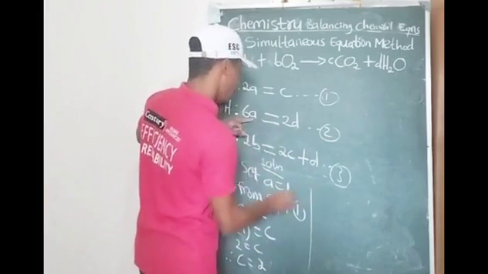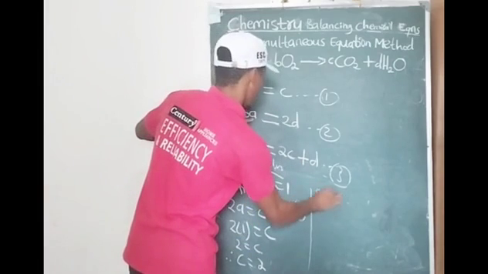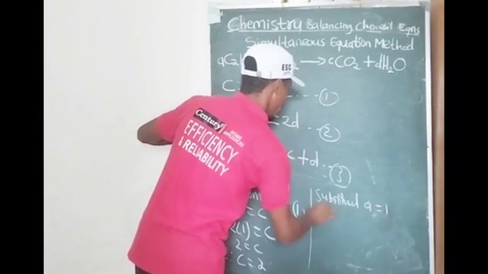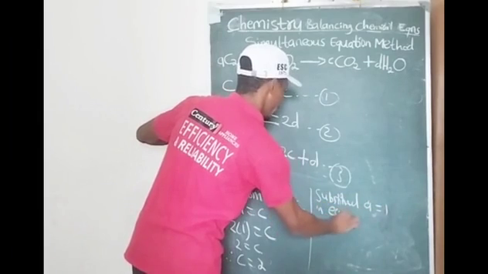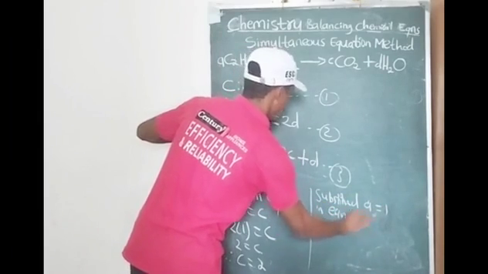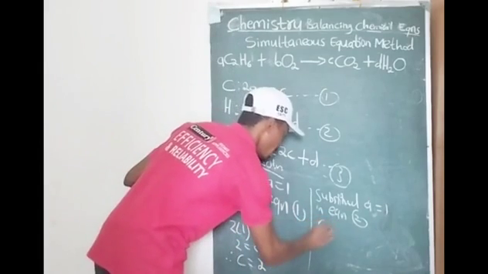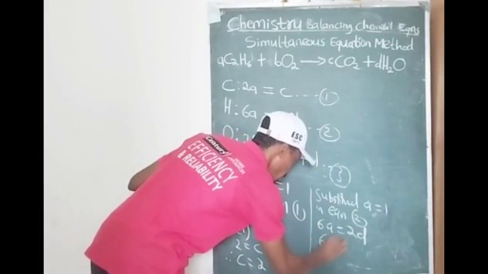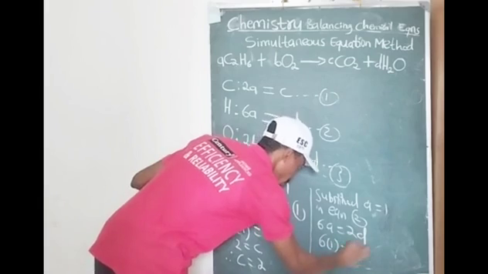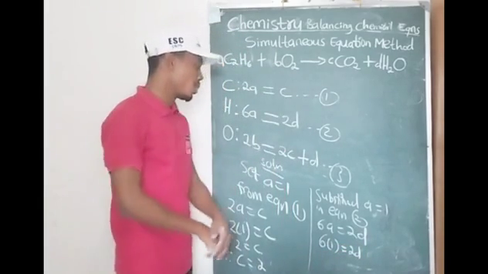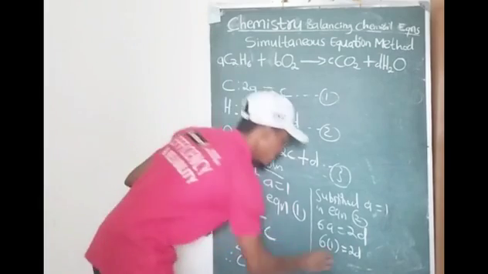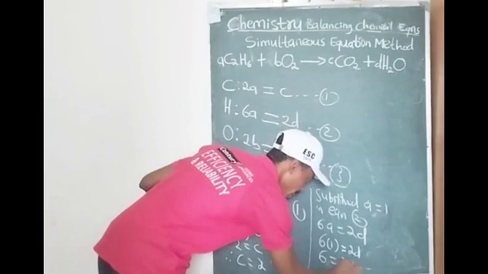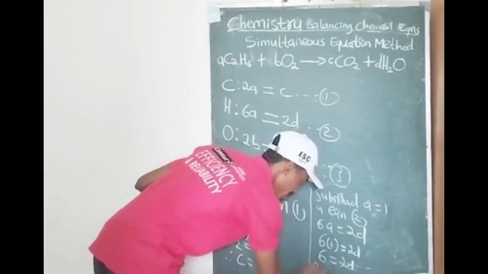So substitute A equals 1 in equation 2. This becomes 6A equals 2D, so this will be 6 times 1 equals 2D.